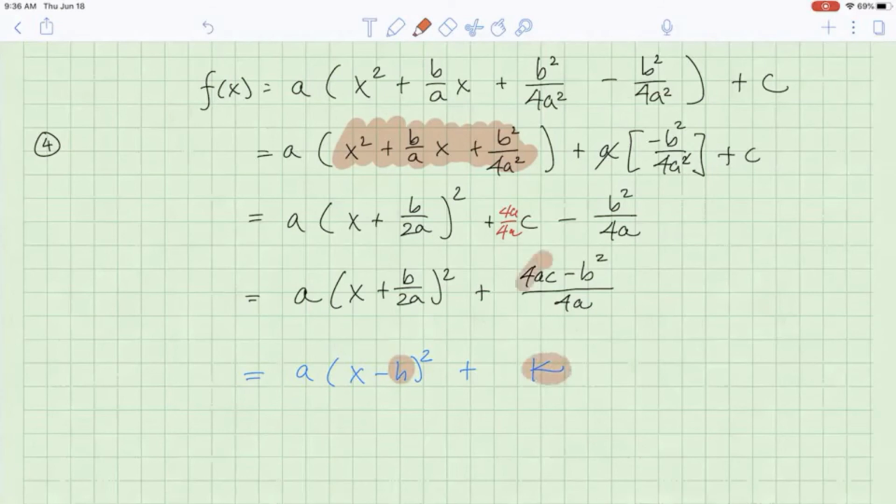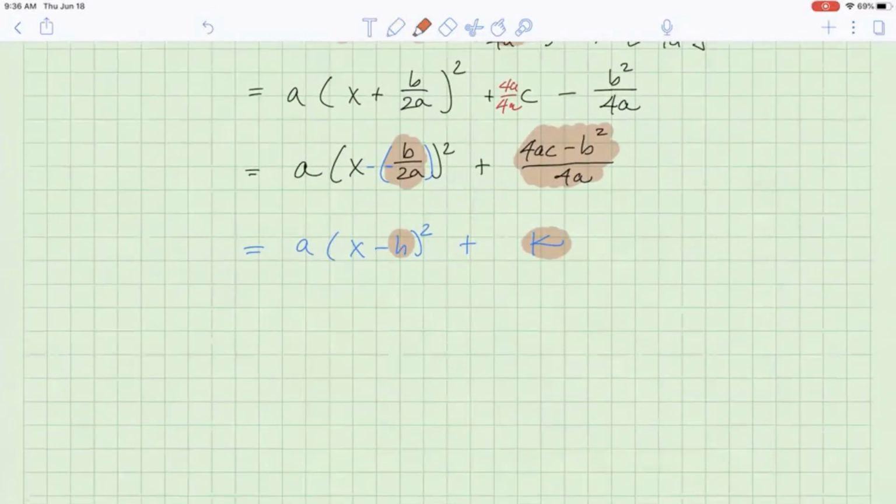h and k. Well, k is this piece here, and I need to actually take this and rewrite it one more time. I need this to be subtraction here, so this is minus a negative, or I want the opposite value.